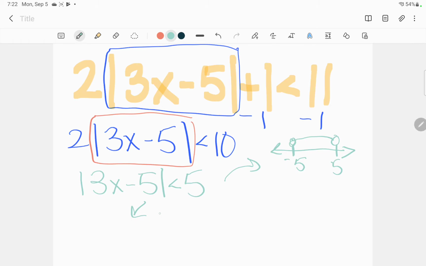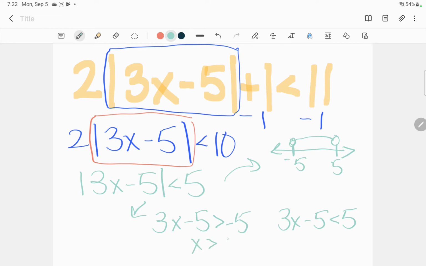So I could have that 3x minus 5 is greater than -5, or I could have 3x minus 5 is less than +5.